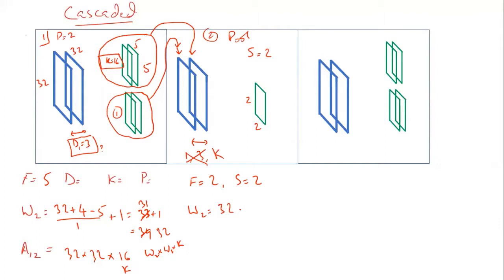Is there going to be any padding? No, for the max pool, there is no padding, right? That's already done over here. So max pool, there is no padding, minus the filter size, which is 2, divided by stride, which is 2, plus 1. So this comes out to be 15, 16, right?